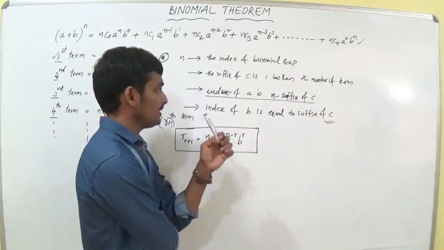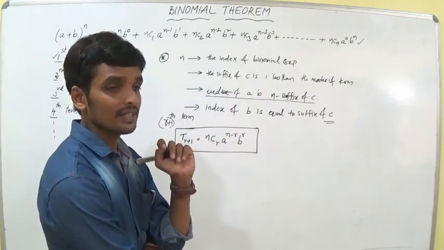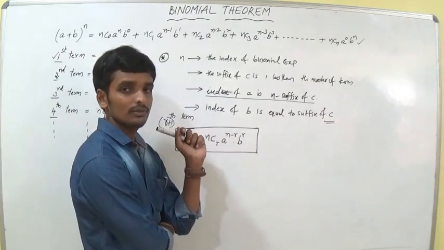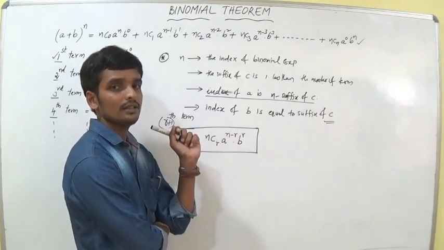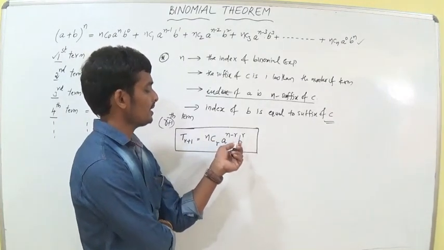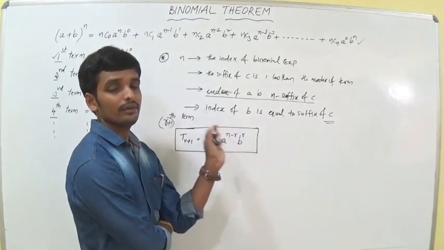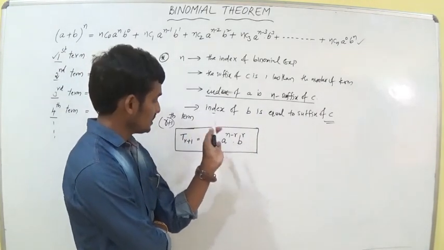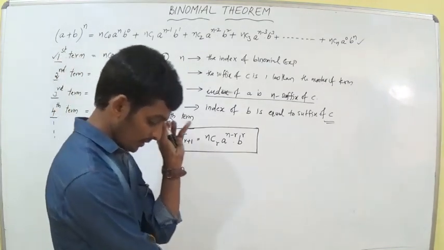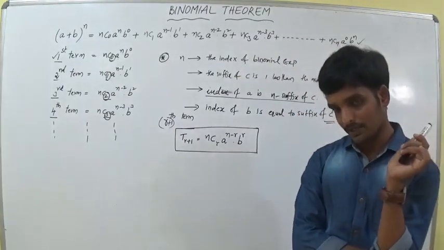The index of a is n minus the suffix of C. For example, if you want to write the second term, n minus 1, the third term, n minus 2, like that. In the same way, the index of b is equal to the suffix of C. This is the general formula for the terms in the binomial expansion.